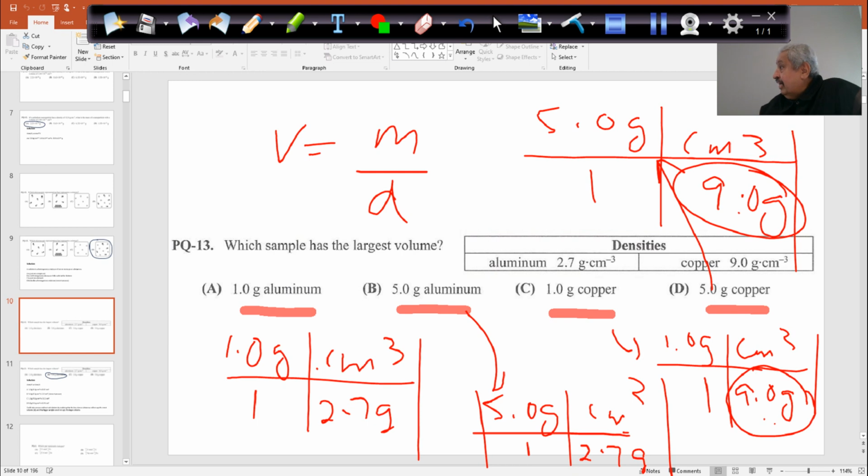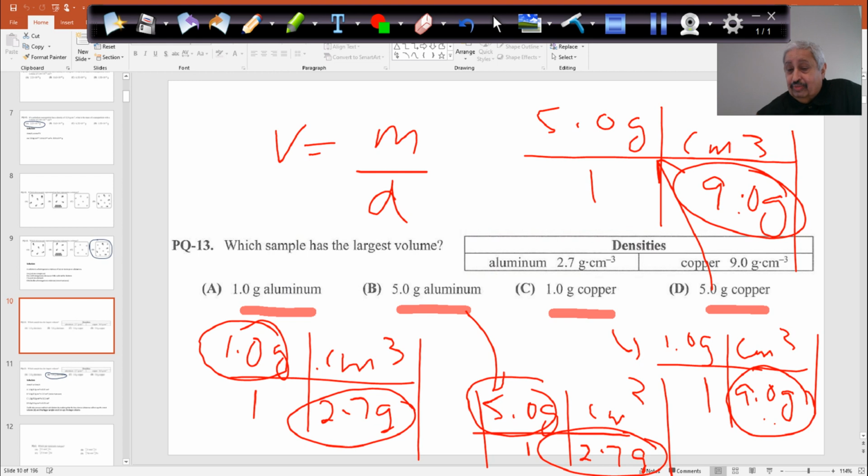The larger the amount at the bottom, the smaller the value, correct? So that eliminates those two values. How about the other one? You have 5, you have 2.7. Those aren't common, but here is 5, and here is 1. Which one is larger then? Which one will be the answer?